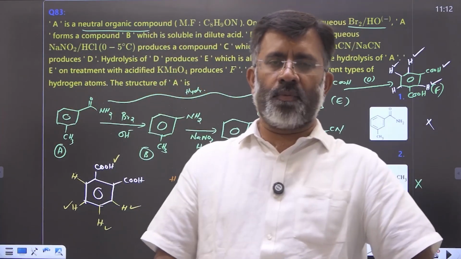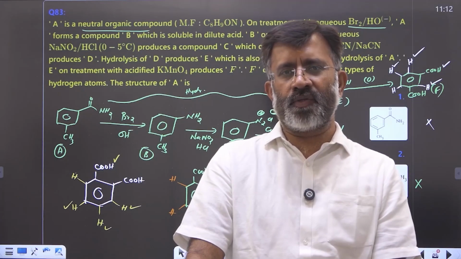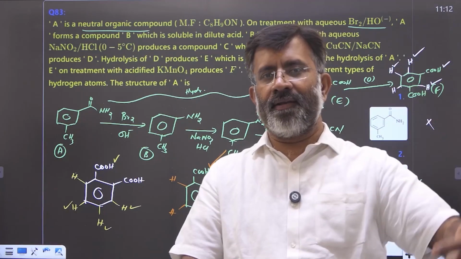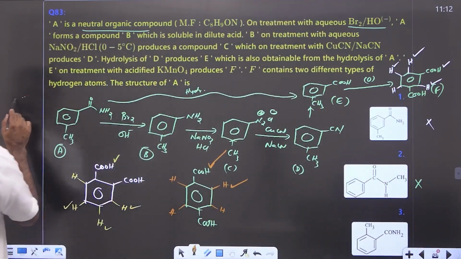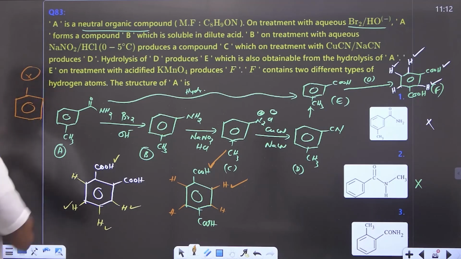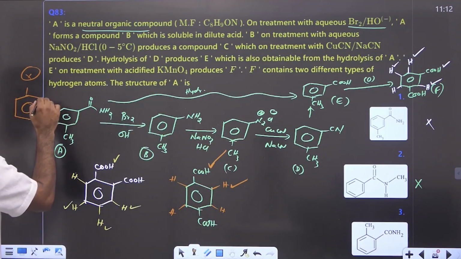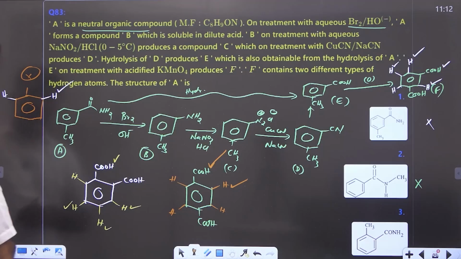Answer is the 4th option. Please understand, when you have a substituent in the benzene ring, the hydrogens are different in the benzene ring, right? If you have one substituent, that's a very important point to understand. How many types of hydrogen are available? This hydrogen and this hydrogen are the same.